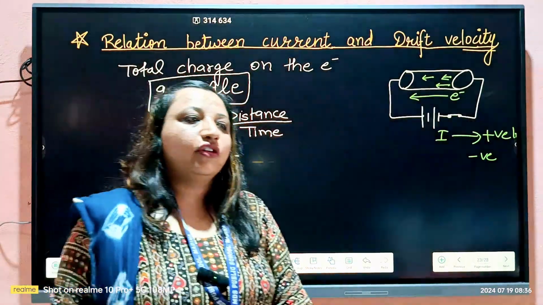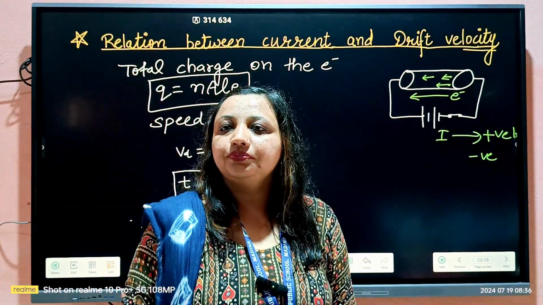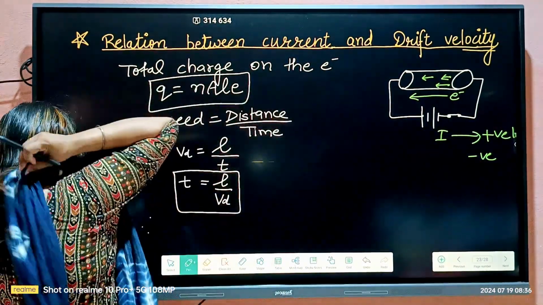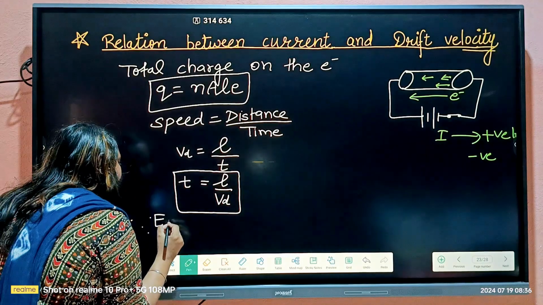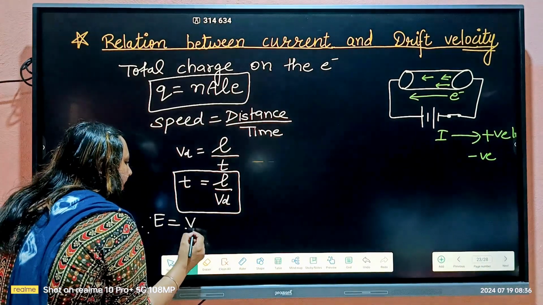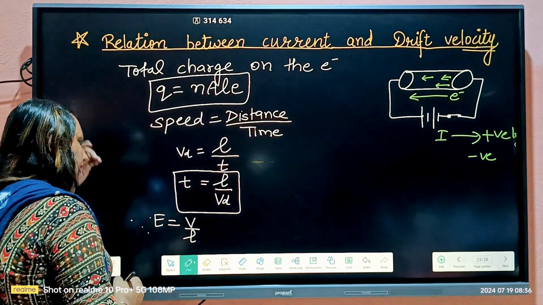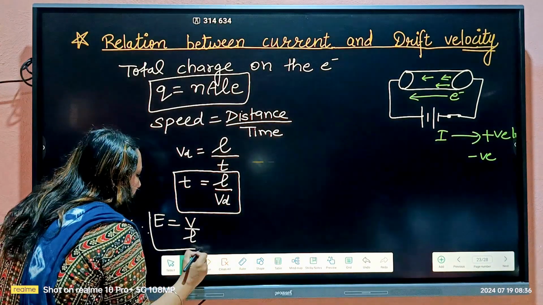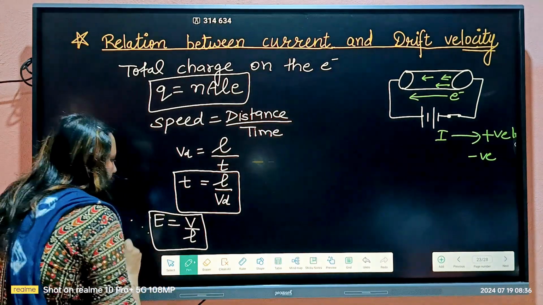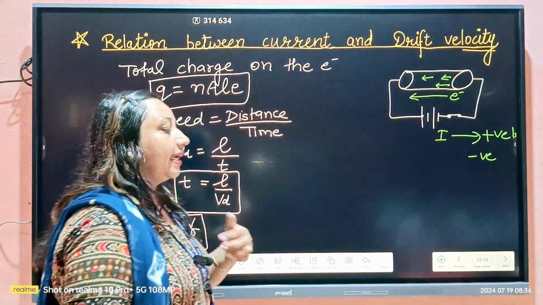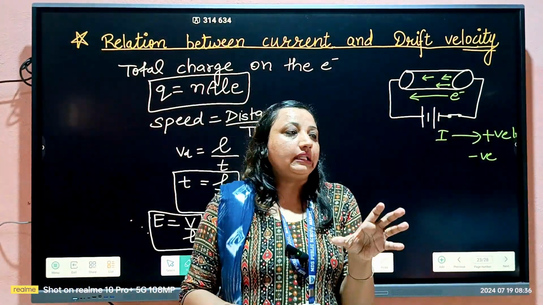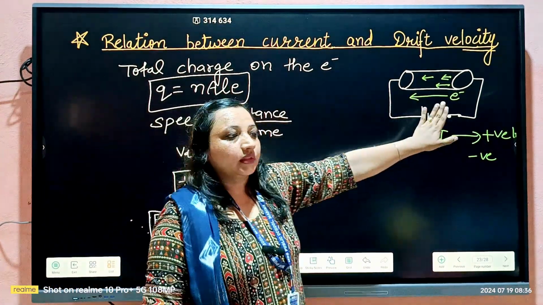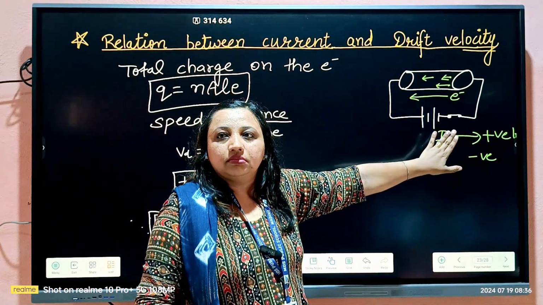And what is the formula for electric field? We provide an electric field, the potential difference per unit length.